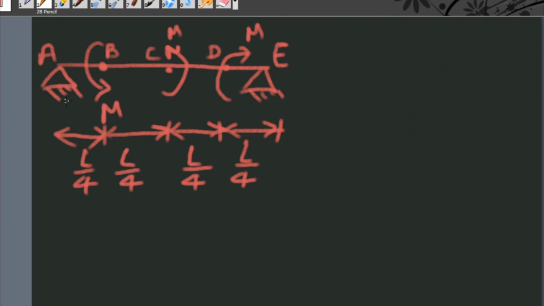You are required to find the reaction forces at both ends, at the point A and the point B. The same concept applies here: when the vertical force is equal to 0 but the moment is not equal to 0, the vertical reactions are equal and opposite in direction. And the reaction force is given by the net moment divided by the span.